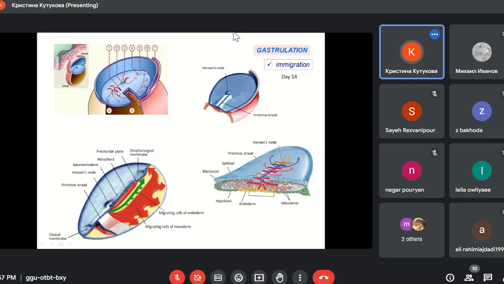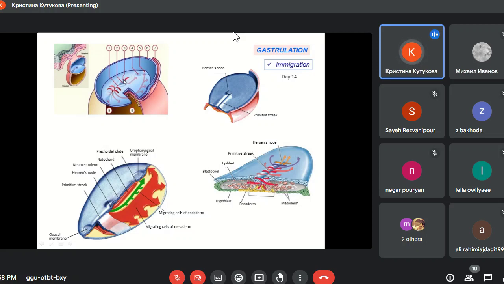Cells of epiblast go through the epiblast layer towards this midline primitive streak, then they go between epiblast and hypoblast and move laterally and to the frontal end of the embryo, making the mesoderm, and also some of the cells are inserted in the hypoblast here, and they will make the endoderm of the baby.